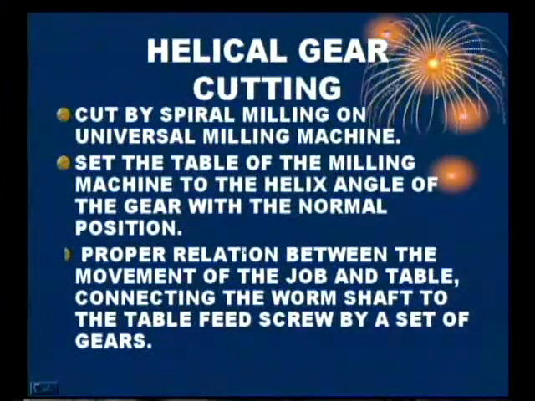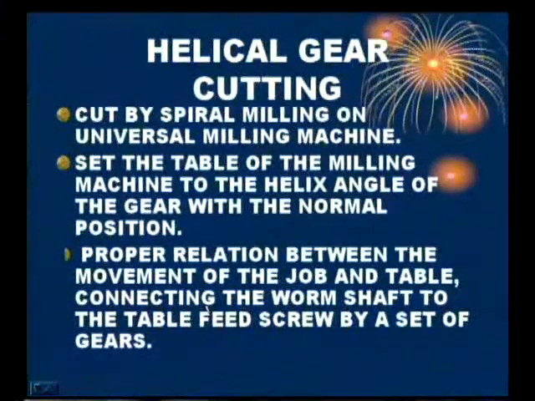That is the important thing. Then after that, a proper relation between the movement of the job and the table is established by connecting the worm shaft to the table feed by a set of gears. Now we have to connect the job and the table.